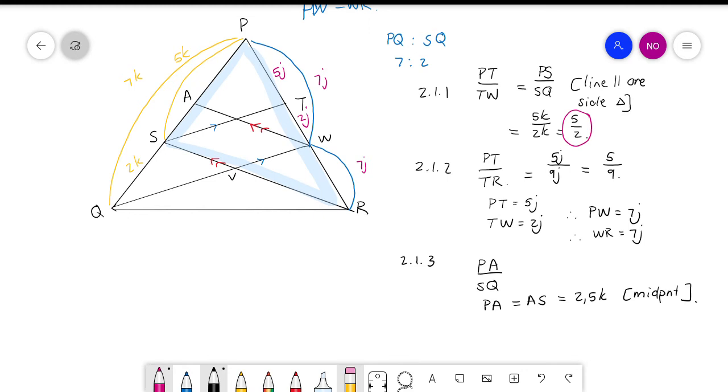Okay, remember in that blue triangle, we know that PW is equal to WR, né? So ons weet in die blou driehoek dat daai AW hom halveer. We know that that line halves that one side. So obviously, because they are parallel to one another and the one side is halved, remember the midpoint theorem?